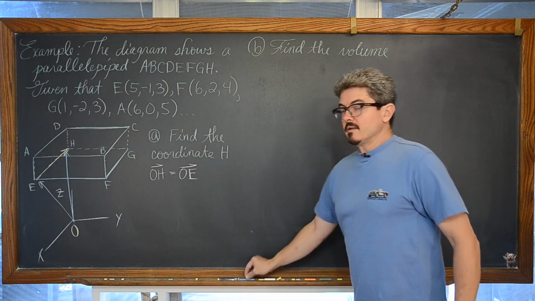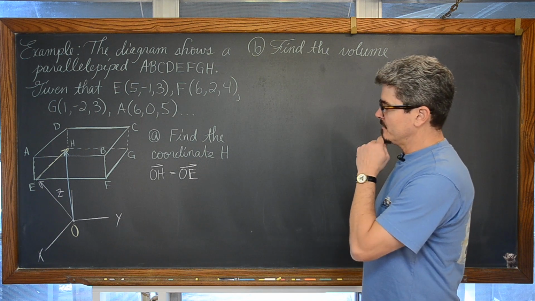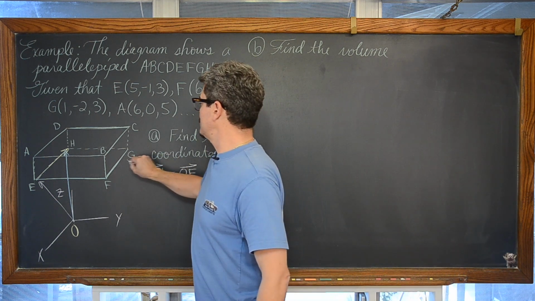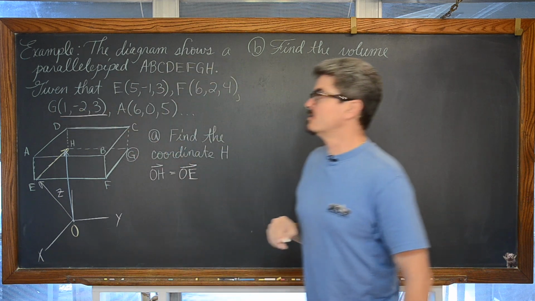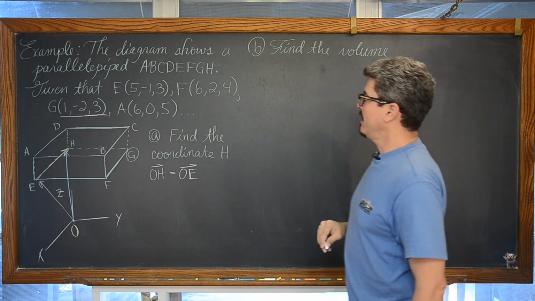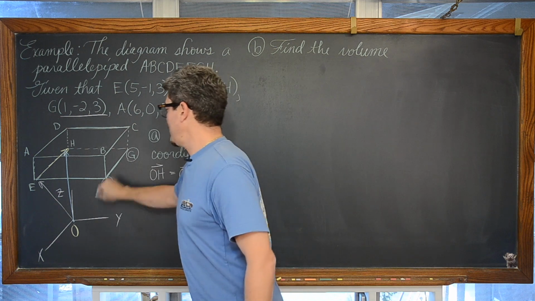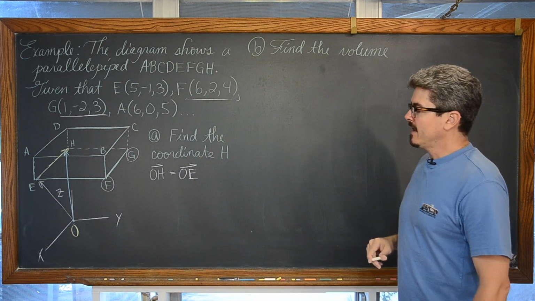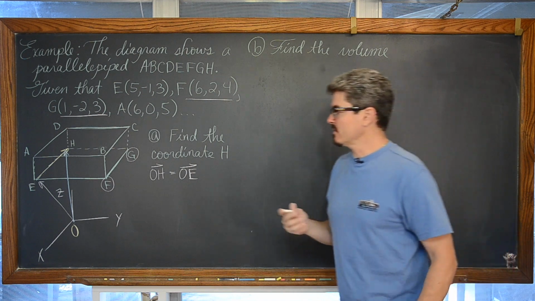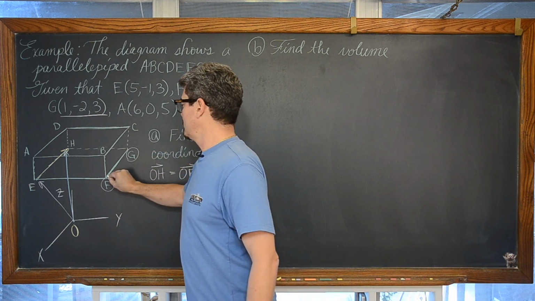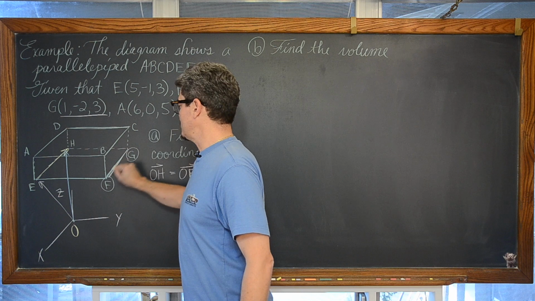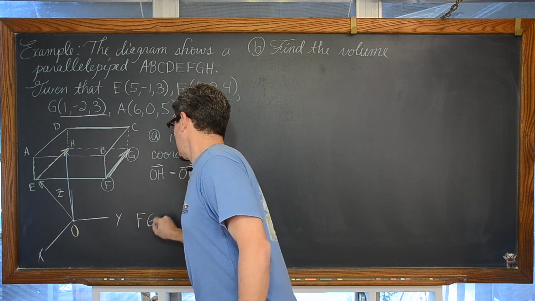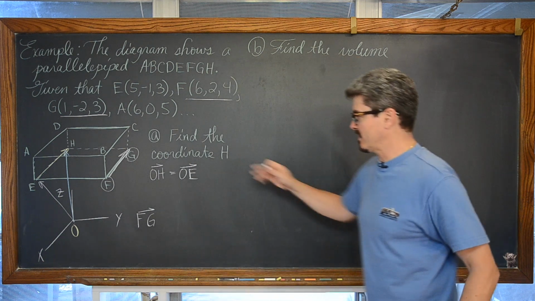Well, how are we going to do that? We're going to have to do some work here. We have that the coordinate of G is (1, -2, 3), and we have the coordinate of F, which is (6, 2, 4). Why that's important is if we can set up vector FG, and I'll have to erase this work before as we finish this up, I'm going to run out of room.